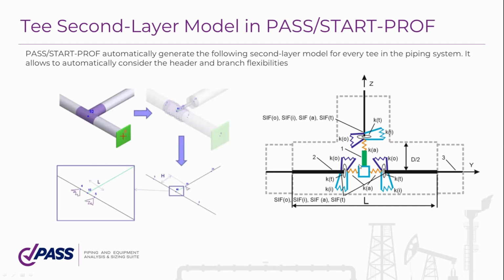It's also a second layer model. It's hidden. You can't see this model. But in fact, START-PROF puts the rigid element here on the branch and puts flexibilities at this point on the branch and at 2 points on the header. And it considers the flexibilities calculated using the finite element method.